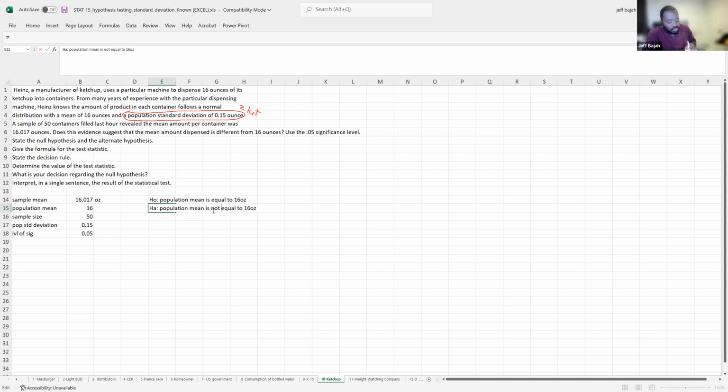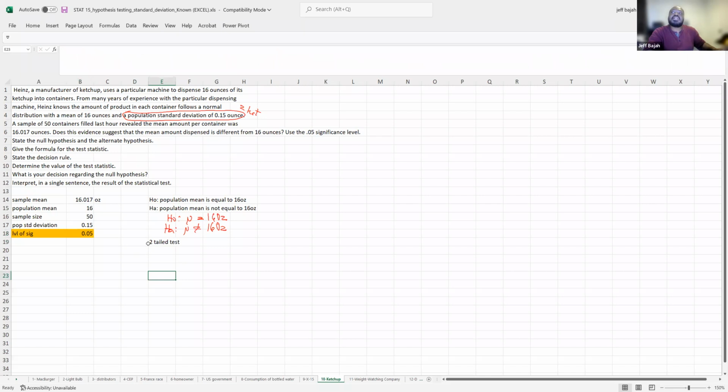So basically H sub 0 says the population mean is equal to 16 ounce. That means H sub A is going to be what? Not equal to 16 ounce. That's what we're writing down here. And so step two is right here. You don't have to worry about step two, step three. Remember, when we have this sign, it usually means that you have a two-tailed test.